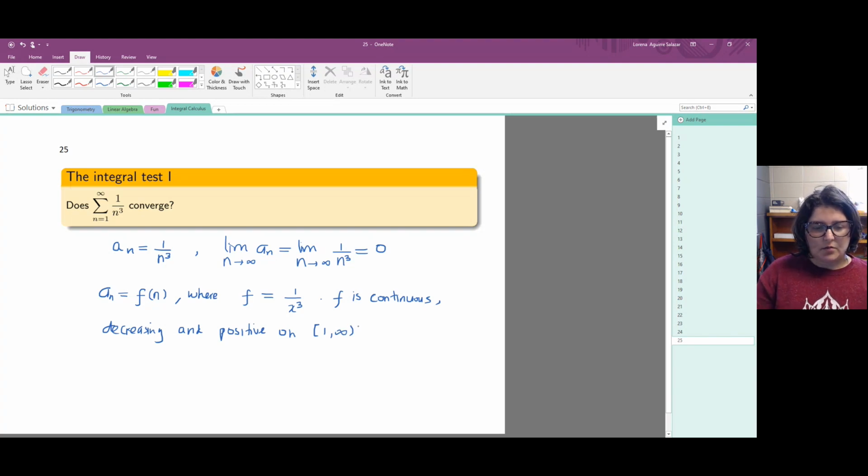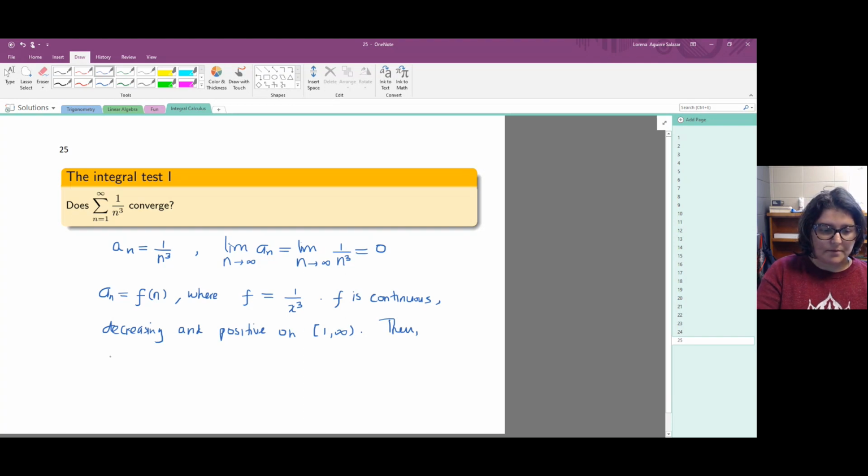So the nth term of the series corresponds to f of n, where f is 1 over x cubed. And the integral test tells us that convergence of the series we have is equivalent to convergence of the corresponding improper integral.